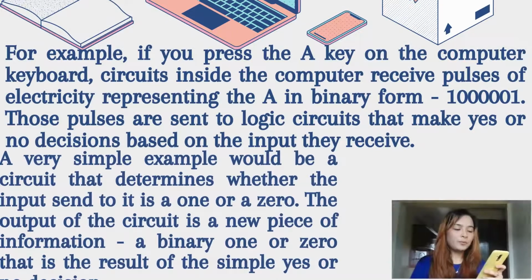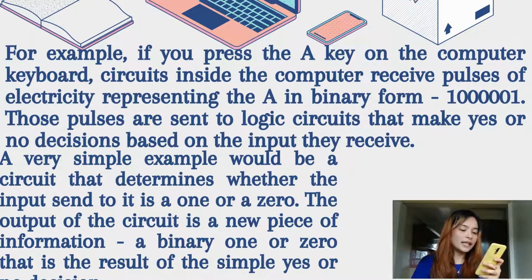For example, if you press the A key on the computer keyboard, circuits inside the computer receive pulses of electricity representing the A in binary form, 1000001. Those pulses are sent to logic circuits that make a yes or no decision based on the input they receive. A very simple example is a circuit that determines whether the input sent to it is a 1 or a 0. The output of the circuit is a new piece of information, a binary 1 or 0, that is the result of the simple yes or no decision.